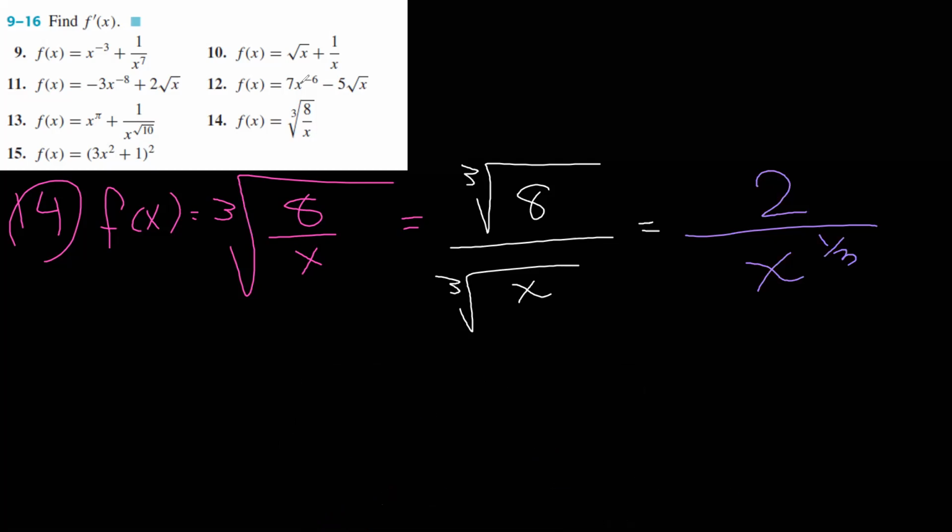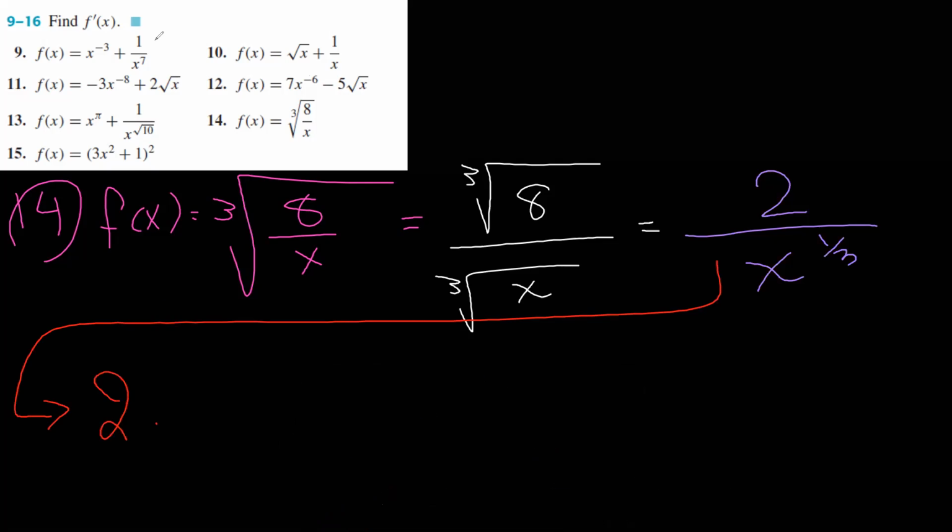So now, this one can be written as 2 times x raised to the third. If you put it up, how will it be? Yes, Nihat. Negative.